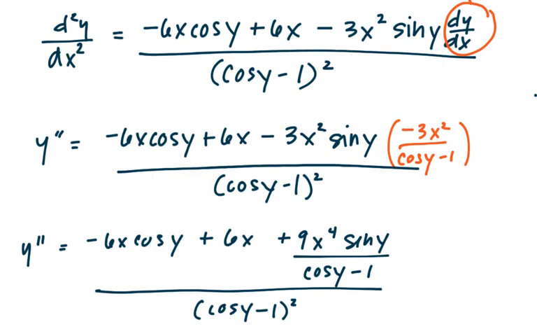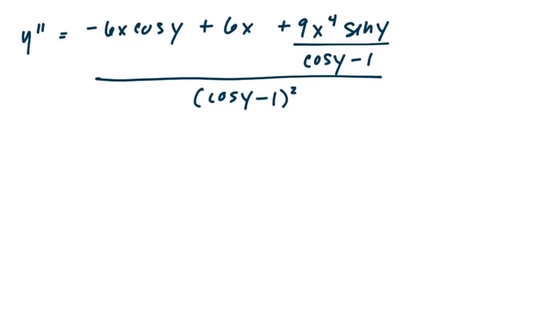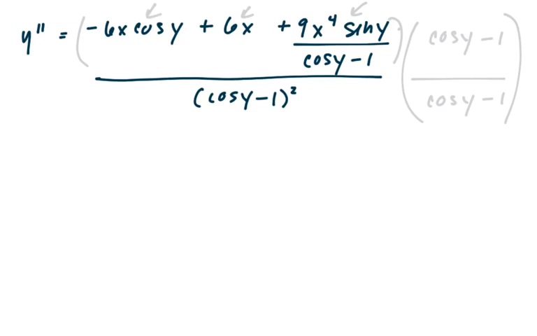So what we do is we multiply by 1, and we form that 1 by looking at the denominator. So I've got this big fraction. I'm going to multiply by cosine y minus 1 over cosine y minus 1. And when I do that, that's going to distribute across the top. Now this is multiplying by all of it, and so I'm going to have to multiply that into 3 terms.